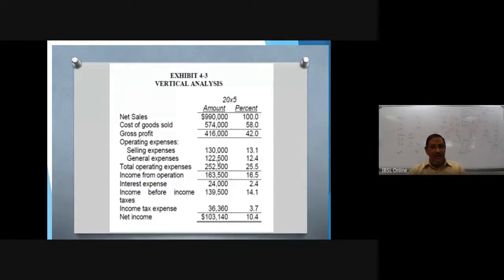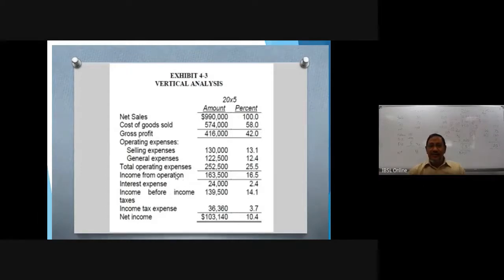General expenses 122,500 is equal to 12.4% of the sales figure. Then, once you add these two, the total operating expenses, 130 plus 122.5, is 252.5, equal to 25.5% of the total sales.